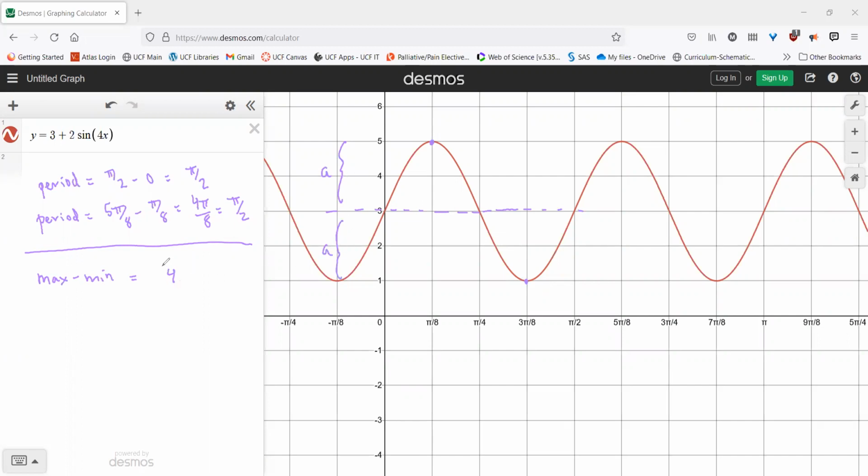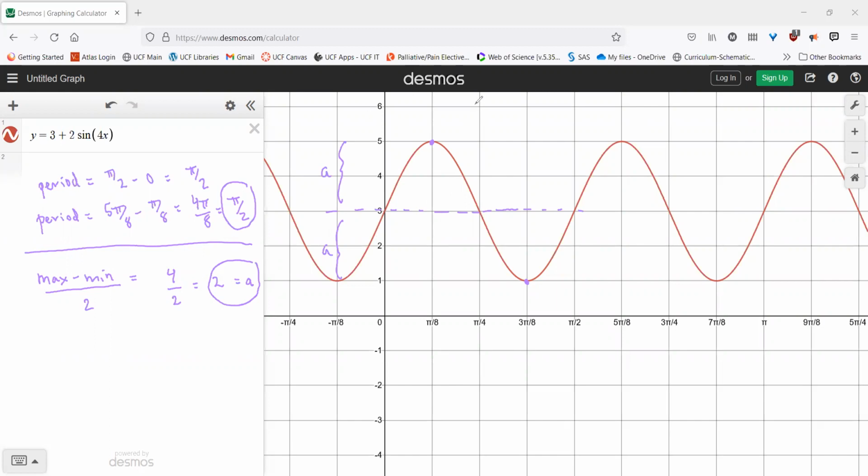So this is actually double our amplitude. So if we divide this by 2, that actually gives us our amplitude. Okay, so you do the maximum minus the minimum divided by 2, and that's going to give you your amplitude. Okay, so we can get the period and the amplitude from the graph.